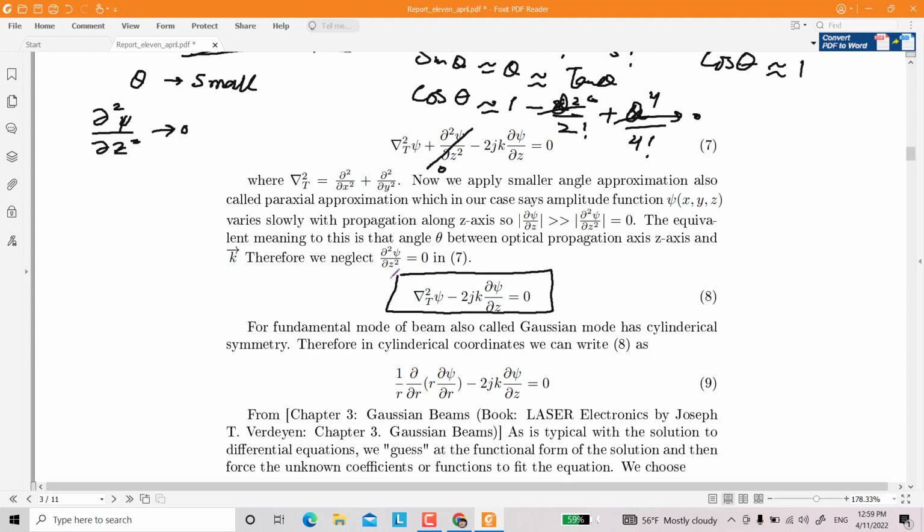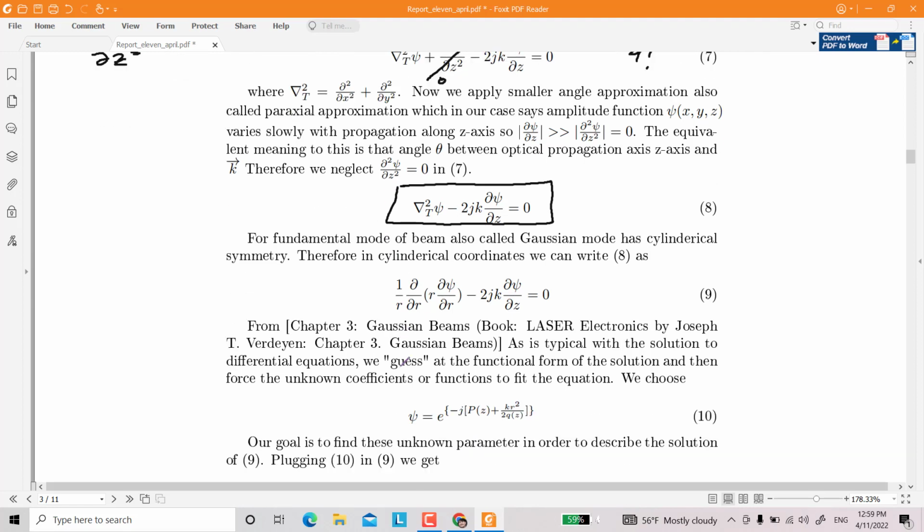You can find this expression in any graduate level mathematical physics book, or any differential geometry book. So this is our new paraxial Helmholtz equation in cylindrical coordinates, right? If you are interested in relevant material regarding this lecture, you can consult chapter 3, Gaussian beam, in the laser electronics book by Joseph Verdeyen, right? This is the book on laser electronics.